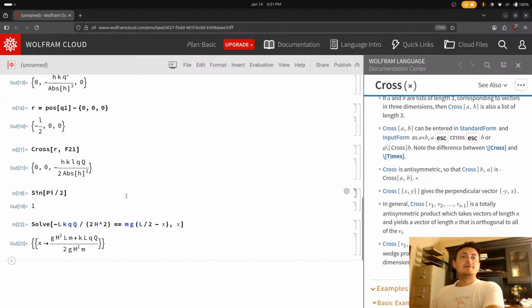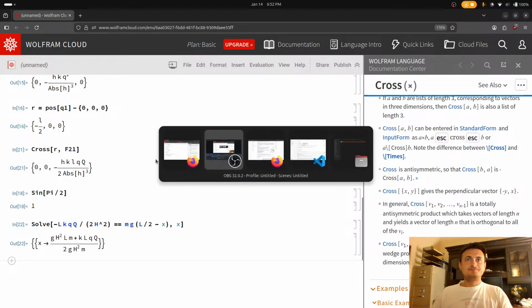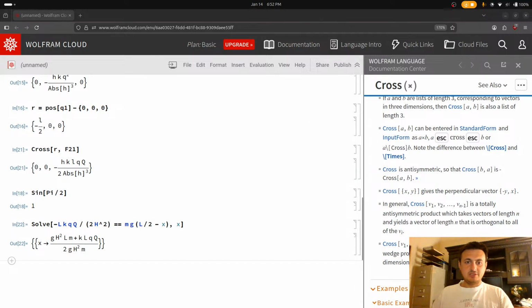That looks right to me. So let's just plug it into ChatGPT and see what's good.